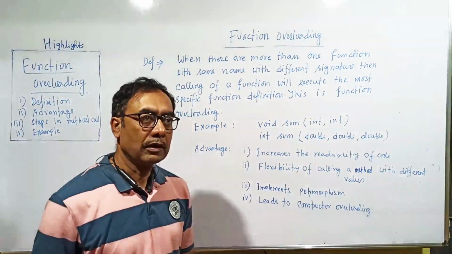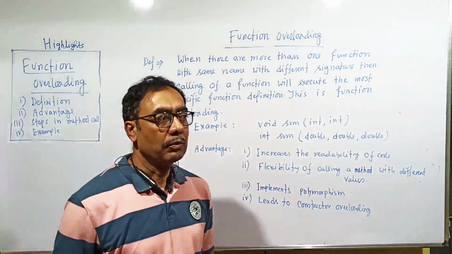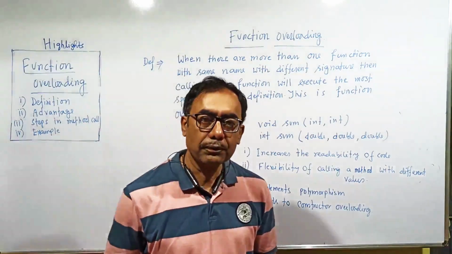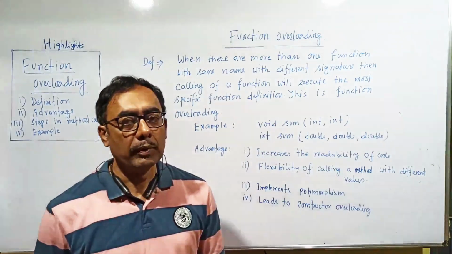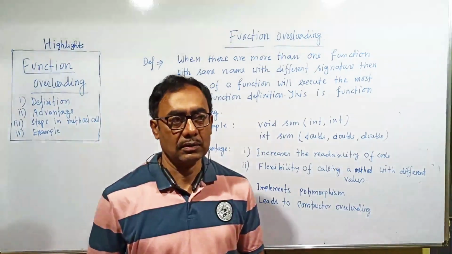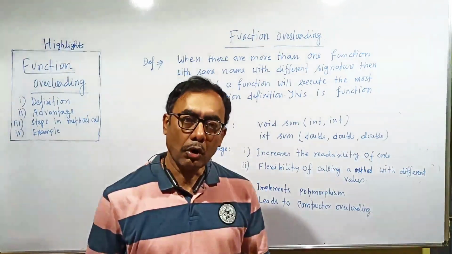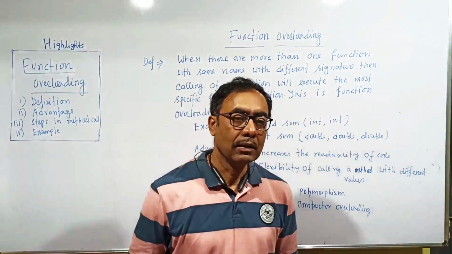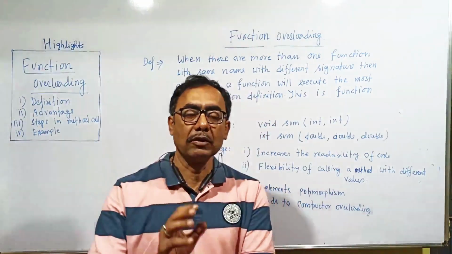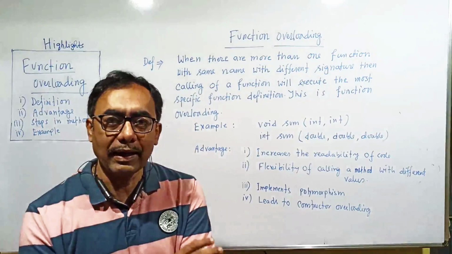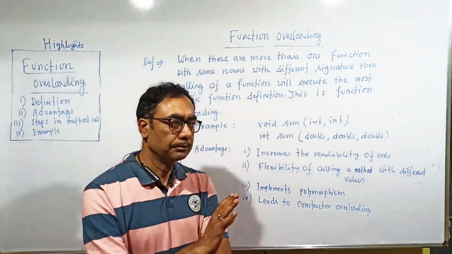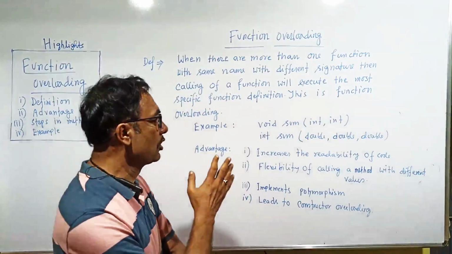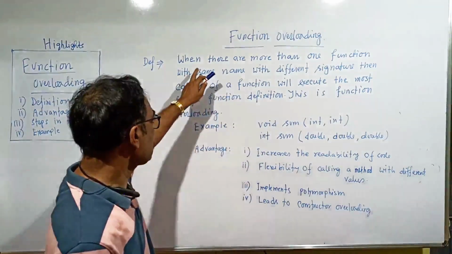The definition of function overloading is that whenever there are a number of methods or functions having the same name with different signature, then if you call a method, the most specific method definition will be loaded or executed. So this is the definition of function overloading. I have given the definition here, just follow.